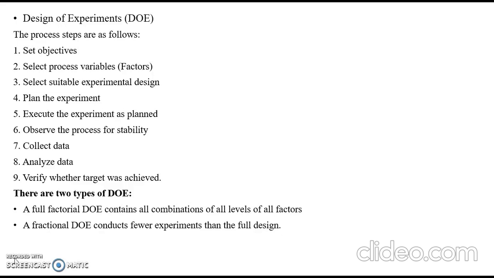Some objectives of experimental design are as follows. The first is to compare alternative processes, products, suppliers, tools, materials and operators, etc. Second, reduce the variability in the process output and improve quality. Third, make the current process robust and minimize time.